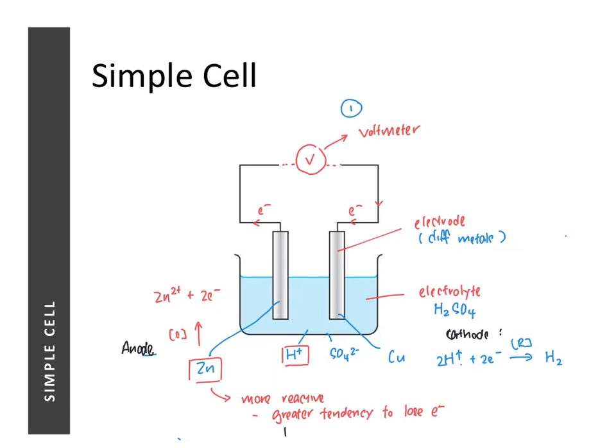So like the case for electrolytic cells, we have to be able to predict some observations. The first observation is this: if the zinc anode is being oxidized to form zinc ions, you will find that your zinc anode actually becomes smaller, or it dissolves into solution.